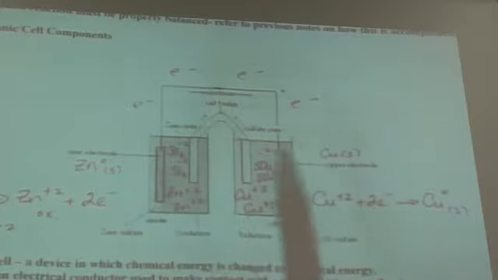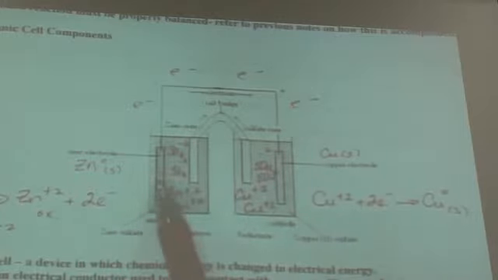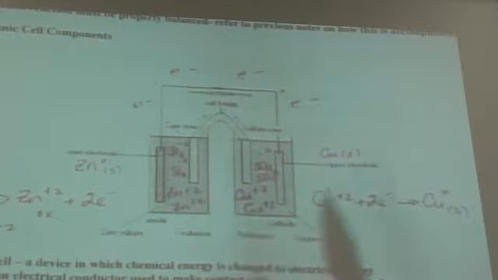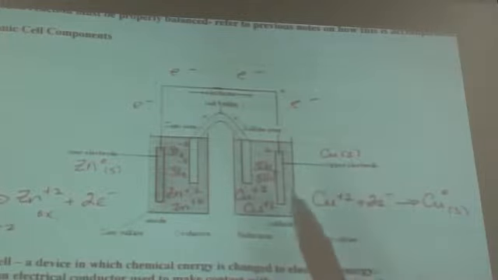So over time, what happens to the size of the anode's electrode? Decreases. And the cathode's electrode? It increases. Okay.